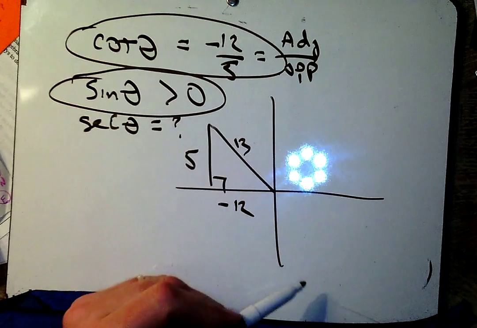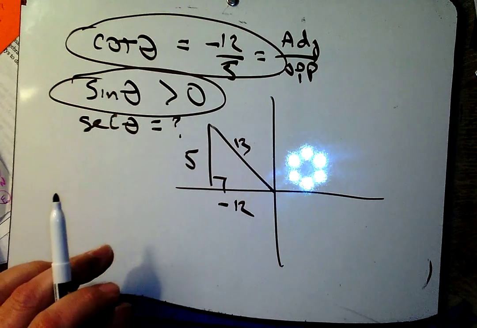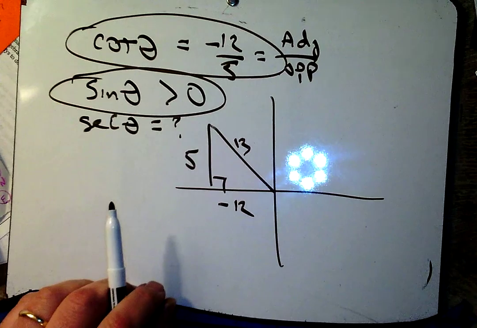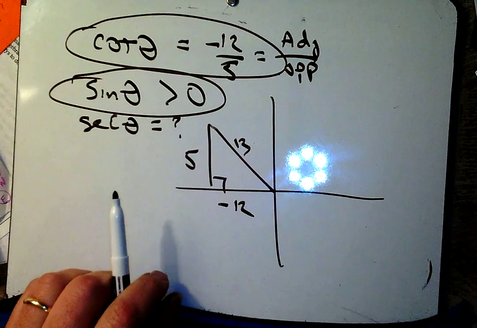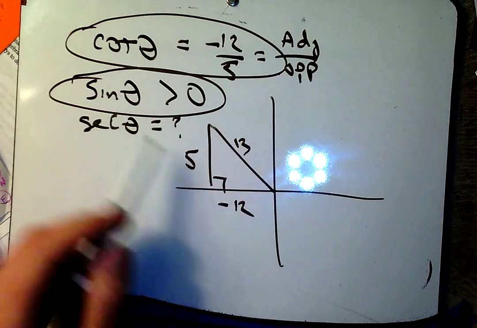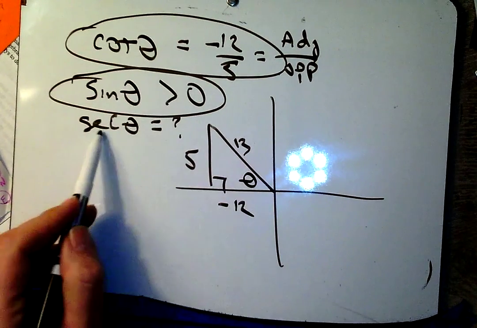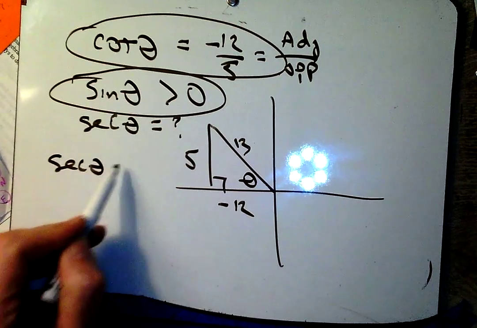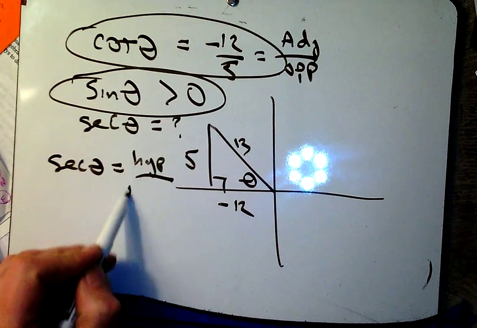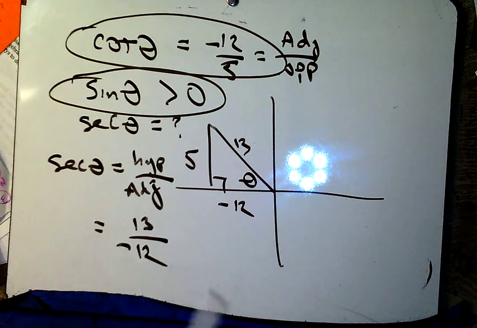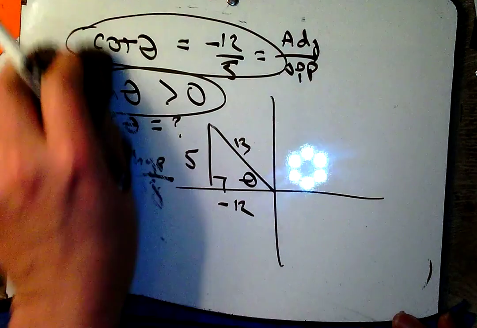This will be 13, whether we recognize the Pythagorean triple or whether we use the Pythagorean theorem. Then all we need to do is find secant. And secant theta is hypotenuse over adjacent. And so we're going to have 13 over negative 12. Good? All right.